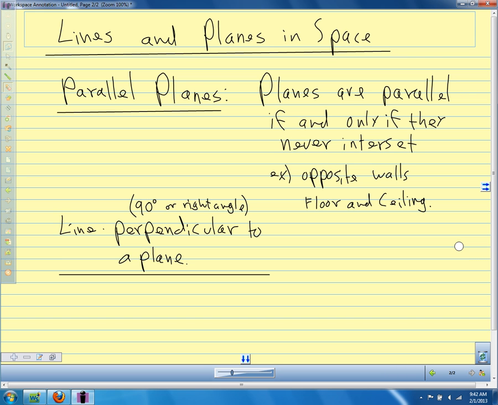They have to intersect. The line and the plane have to intersect for the line to be perpendicular to the plane.